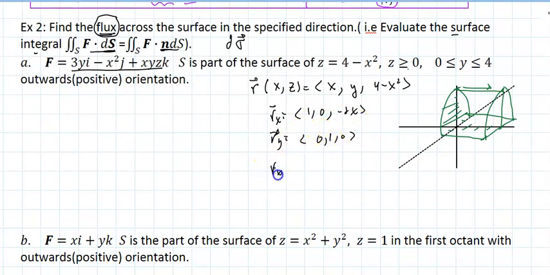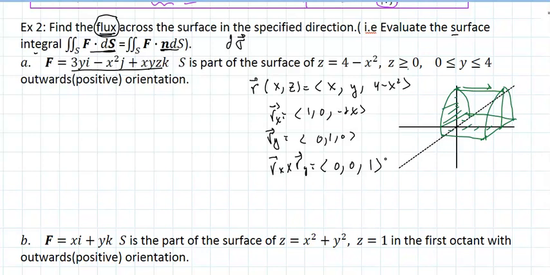And if I take the cross product, that's going to be 0 minus 0, that is 0. The j component is also 0, and the k, I'm just getting 0, 0, 1. Wow, that is odd.